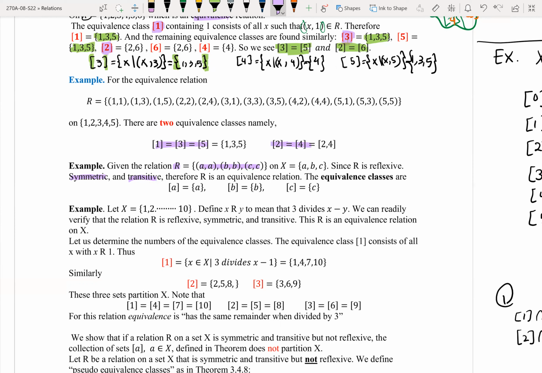Transitive: if A is related to B and B is related to C, then A and C must be related. But you don't have the rest, right? You have only AA. You don't have any other element.